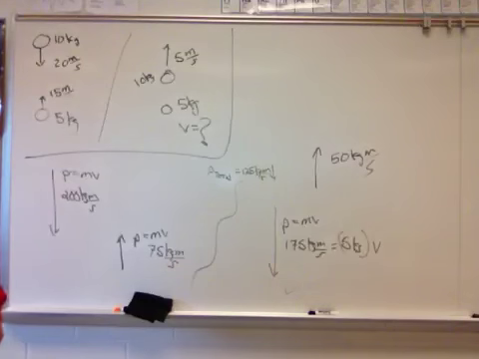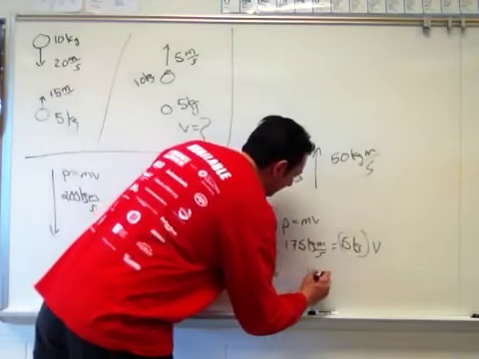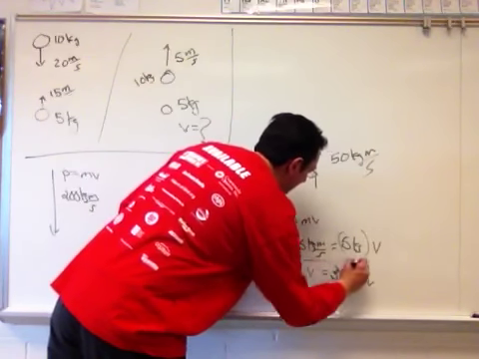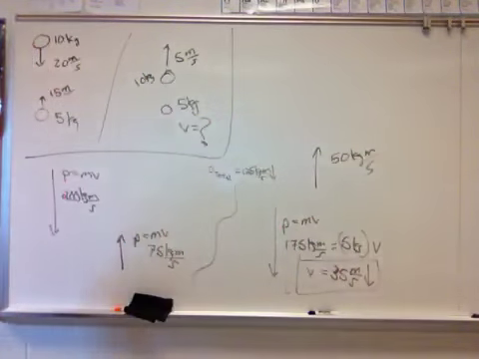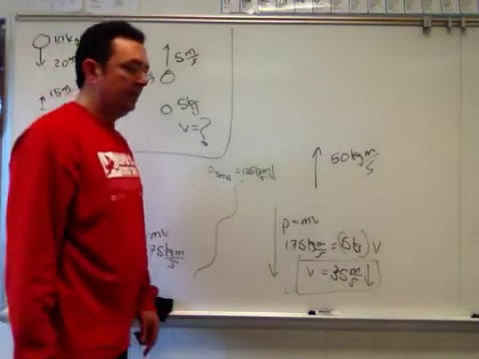And 175 divided by 5 gives you 35. v equals 35 meters per second toward the bottom of the board, down, south, whatever it happens to be. And there is your answer right there.